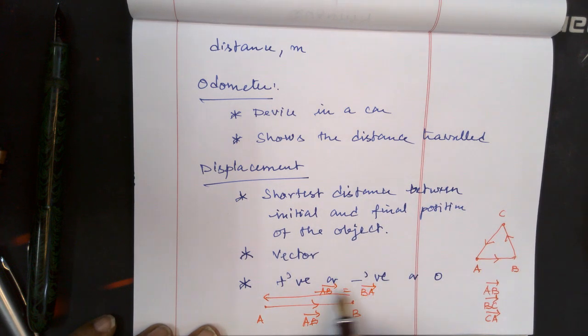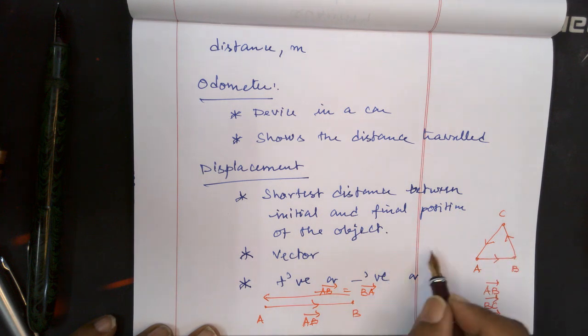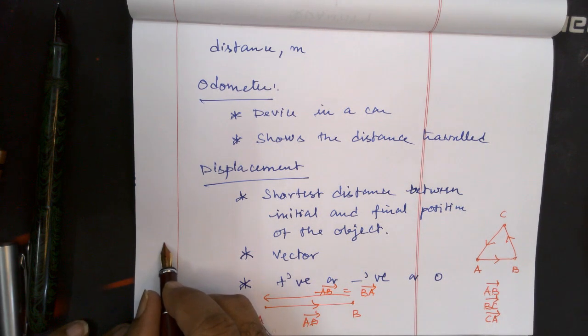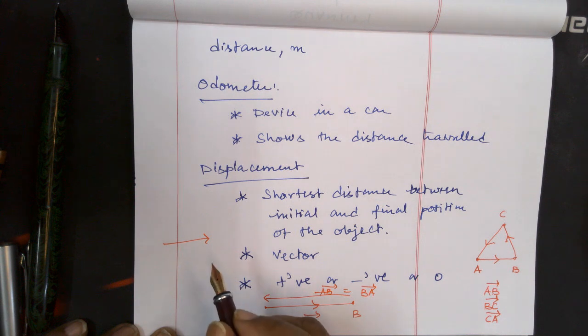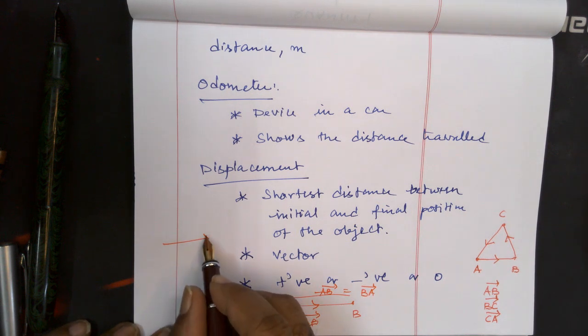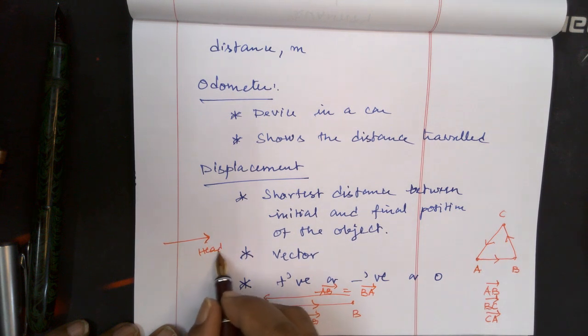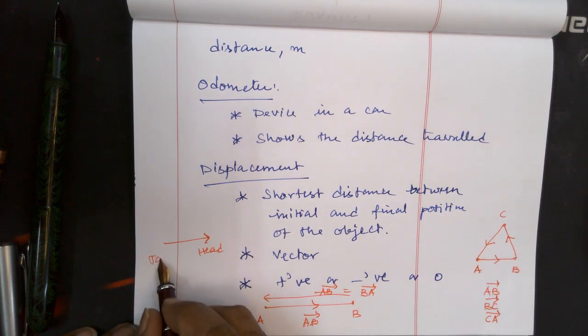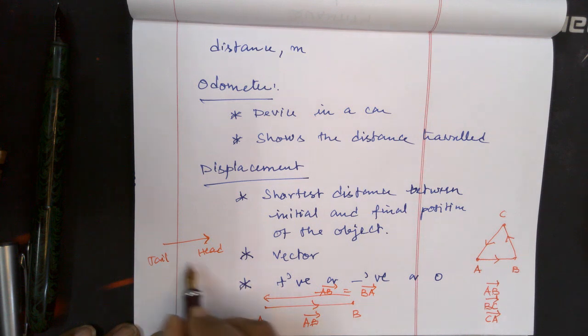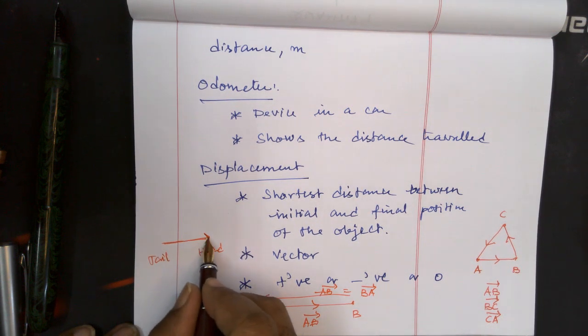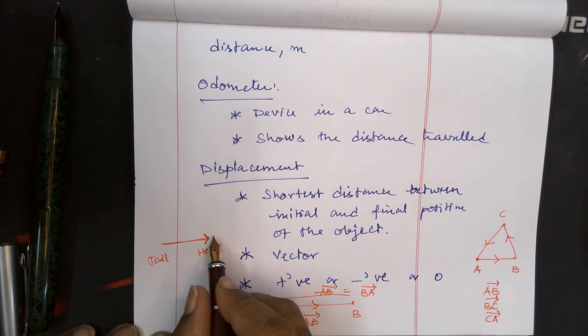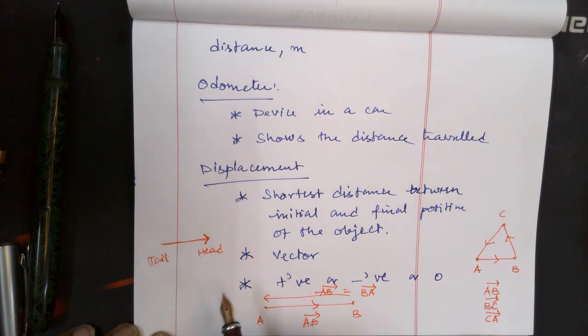So the vector symbol is very, very important. It is represented by an arrow. So this arrow represents the head and tail. This is the arrow head, and this is the tail.